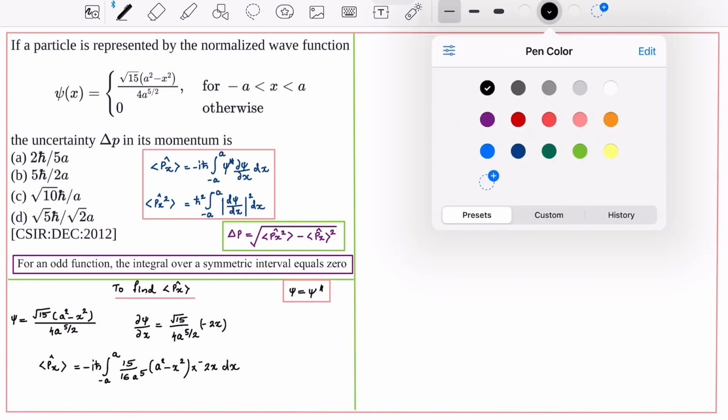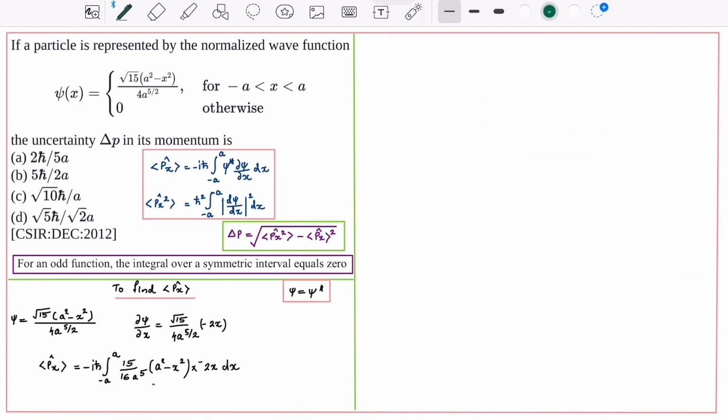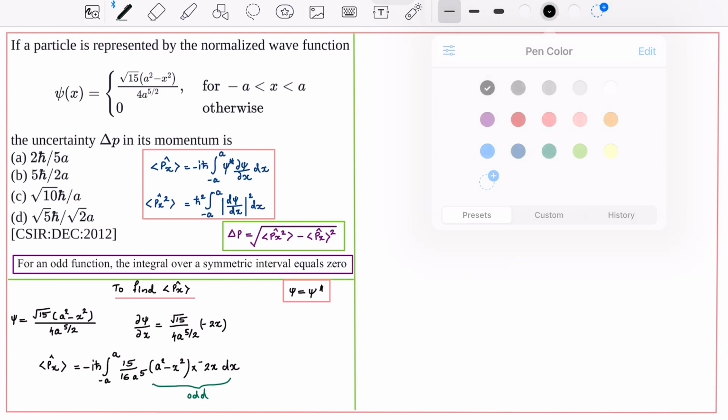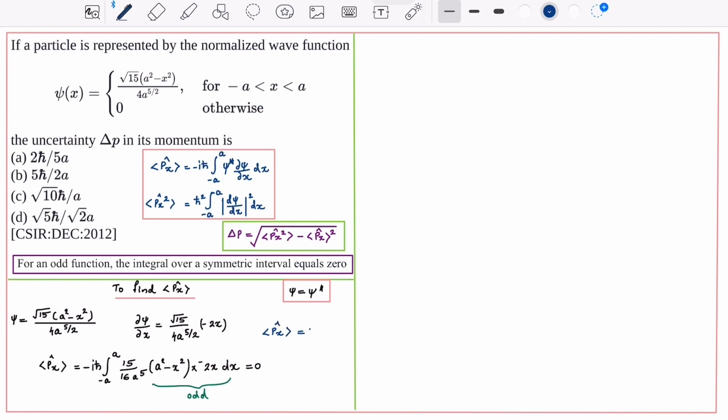We can see that the integrand is odd and the integral is symmetric. For an odd function, the integral over a symmetric interval is 0. Therefore, the value of the integral is 0. Hence, we can say that the expectation value of px is equal to 0.